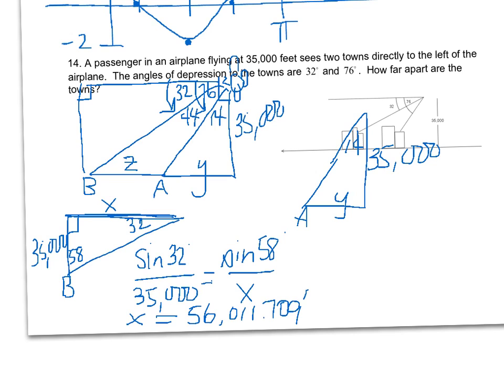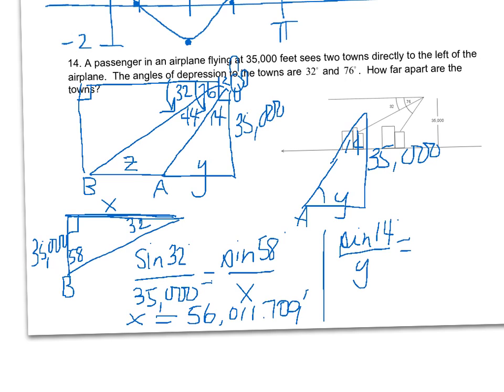So I'm going to do law of sines again. So the sine of 14 degrees divided by the side is equal to, now I'm going to need this angle right here.